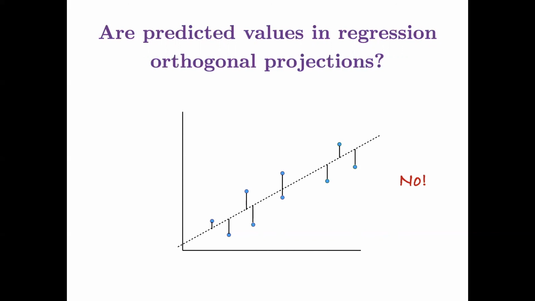Preference is given to the target. We are trying to find the point on this line that minimizes the distance between the y value at this point and the y value at this point. The predicted y and the actual y, the residual.